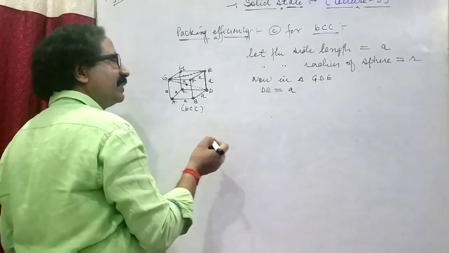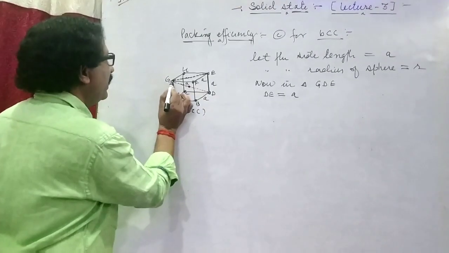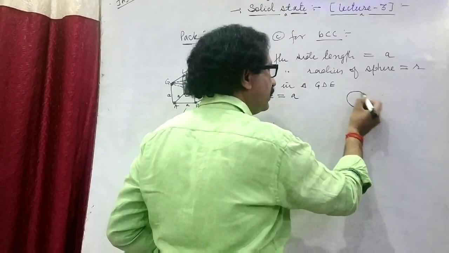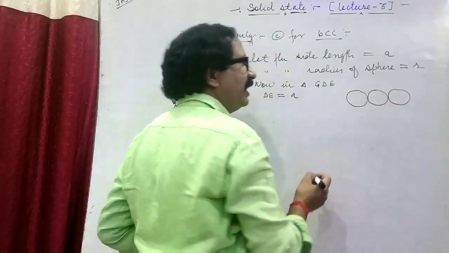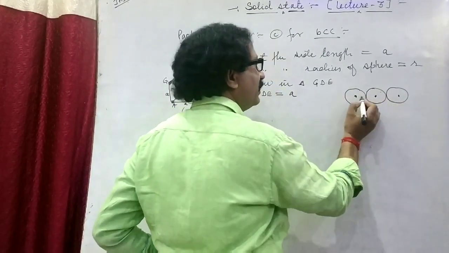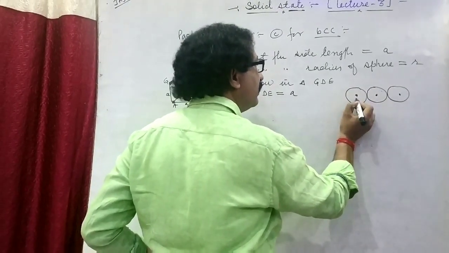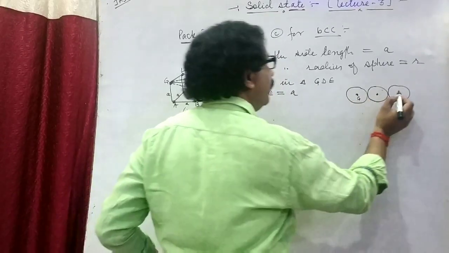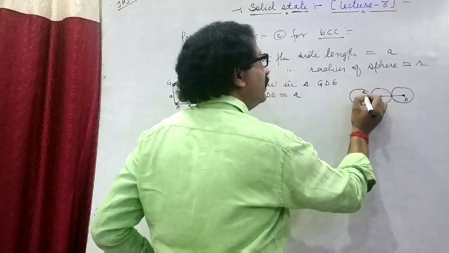For GD, see here. 3 spheres. One sphere here, one sphere here, one sphere here, like this. 3 spheres which are directly touching each other. Right? This one is the G and this is the D. Connect their centers.